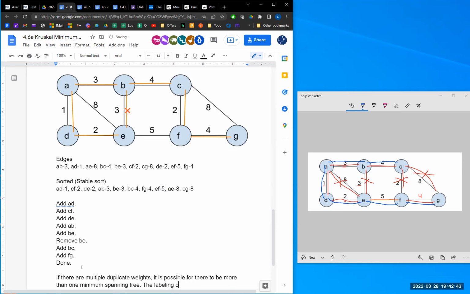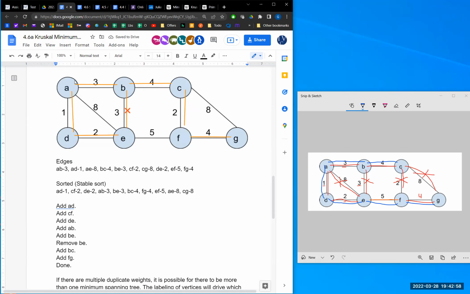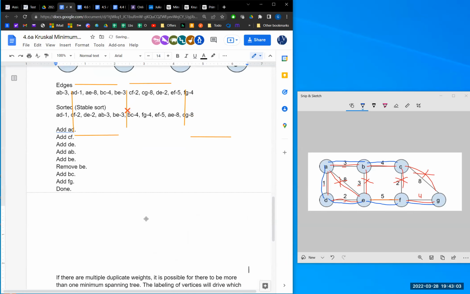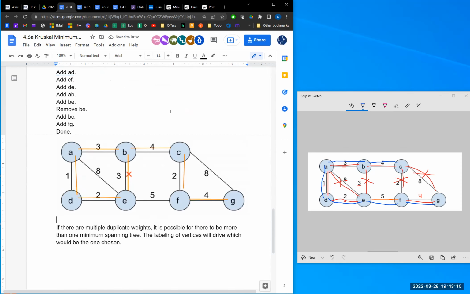The labeling of the vertices will drive which would be the one chosen. Good. Screen grab of that. How are we doing with Kruskal's algorithm for getting a minimum spanning tree?